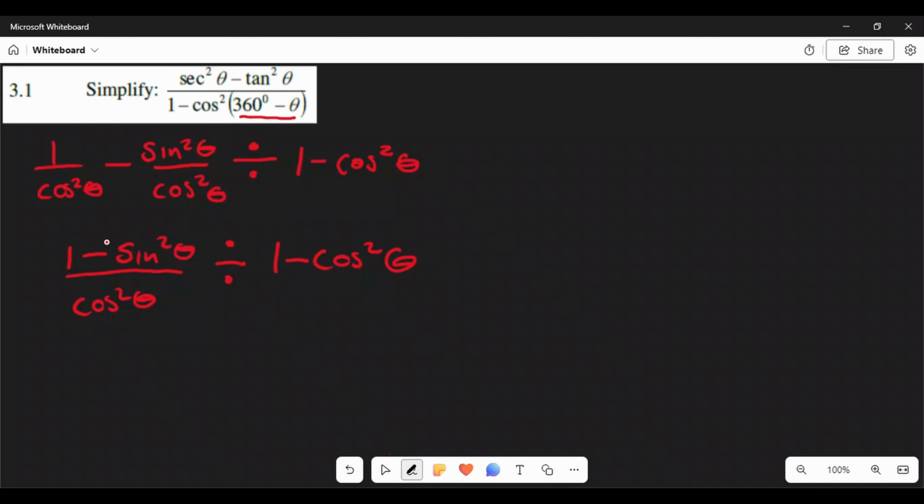We're going to use the square identities. If you still remember, sine squared theta plus cos squared theta equals 1.